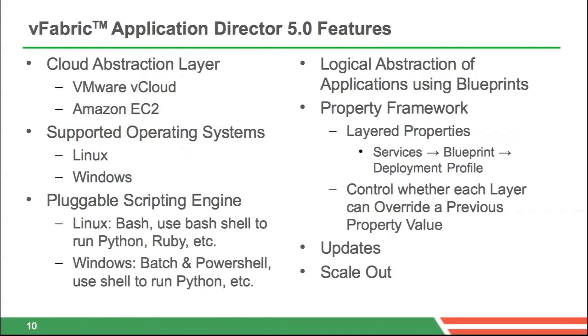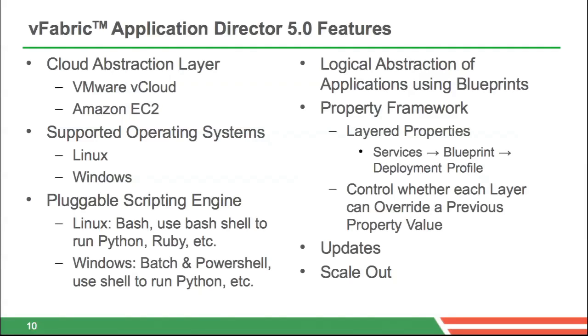Then we have a logical abstraction of applications using blueprints. In the next few slides we'll start going over those concepts, but that's part of that abstraction layer between your app and the cloud provider. And there's also a property framework. This will probably make more sense when you see it, but there are layered properties.